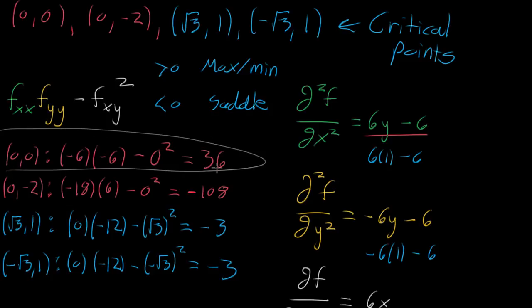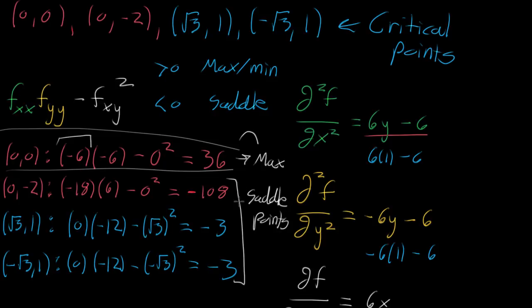To analyze whether it's a maximum or a minimum, notice that the partial derivative with respect to x twice in a row, or with respect to y twice in a row, was negative, which indicates negative concavity, meaning this corresponds to a maximum. So this guy corresponds to a local maximum. Now all of the other three gave us negative numbers, so all of these other three give us saddle points.